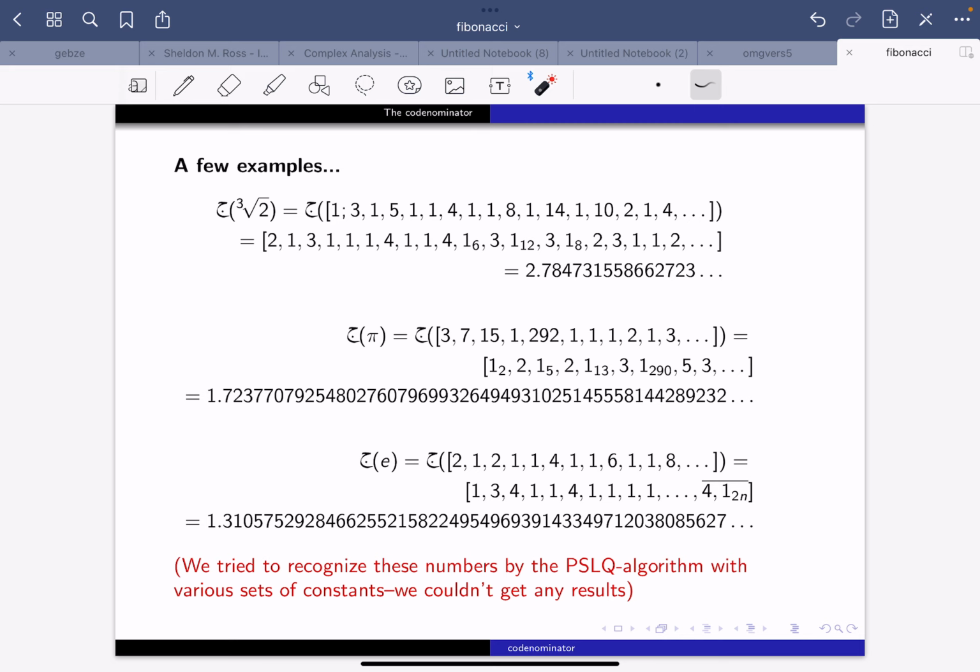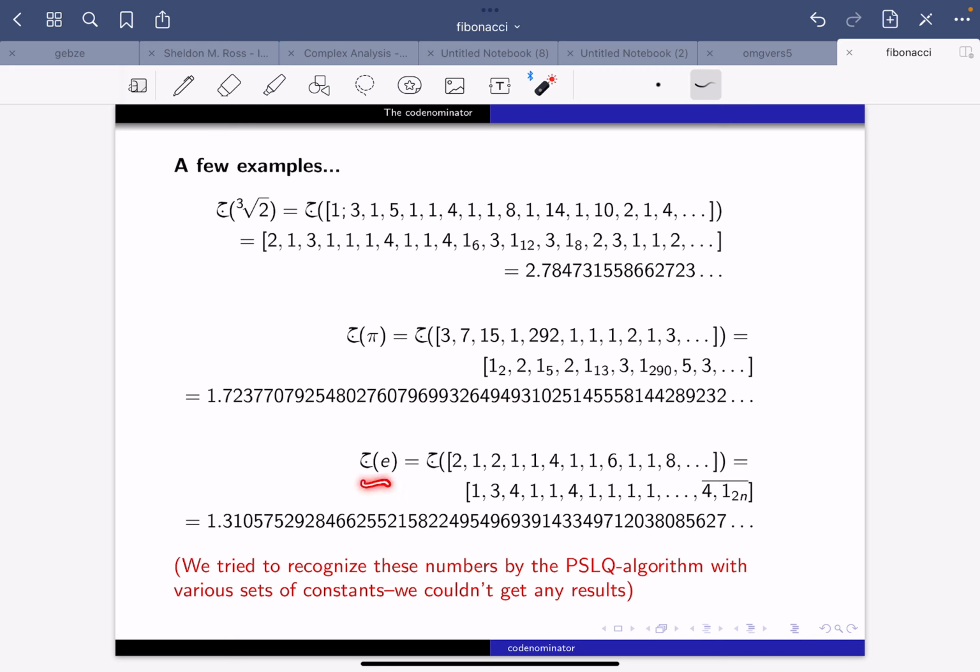Let me give you a few more examples to conclude. Jimm of the third root of 2 is some weird number like this. And as I said, this is conjectured to be transcendental. And what is the Jimm of the number pi? It is also another weird number, which also surely is transcendental, but conjecturally transcendental.